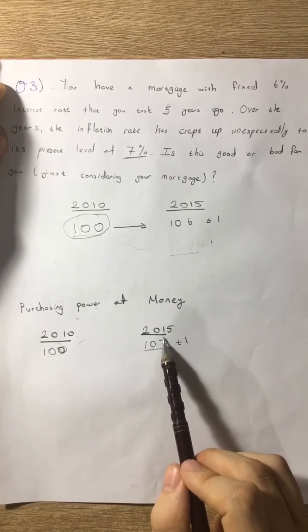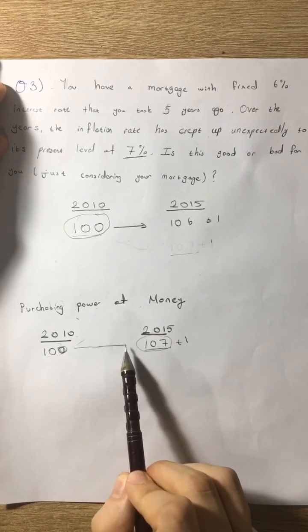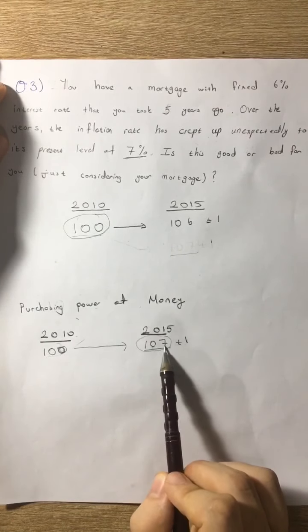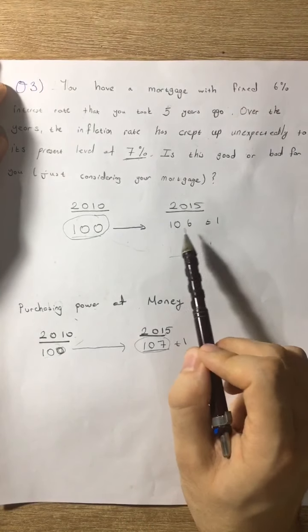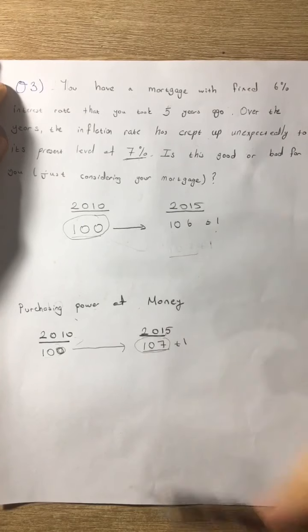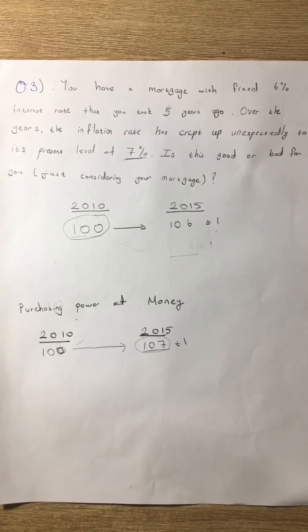So 100 lira in 2010 is actually worth 107 liras in 2015, but we paid 106 liras to the bank. So we are in a good situation because the inflation rate is bigger than the interest rate.